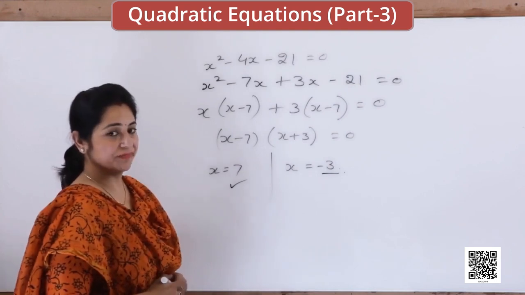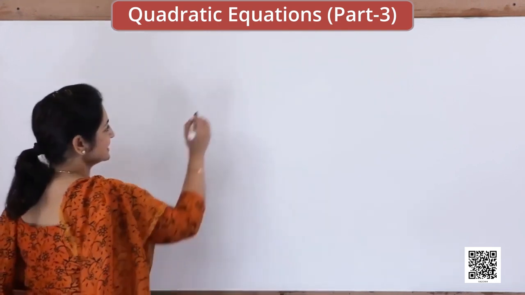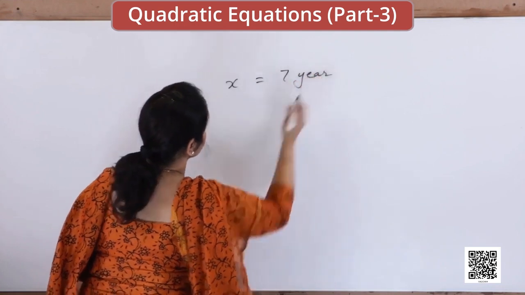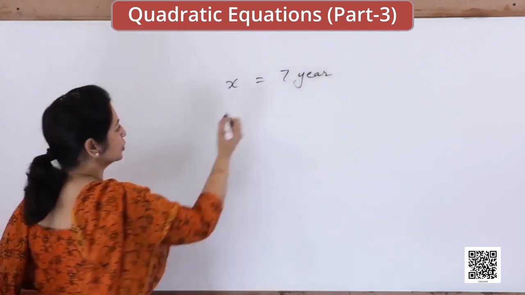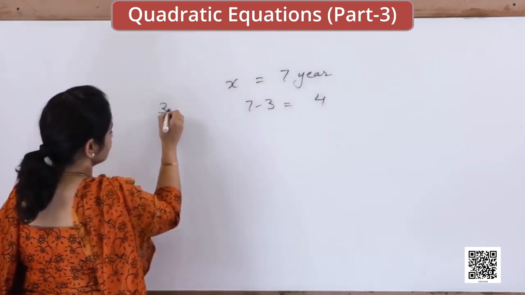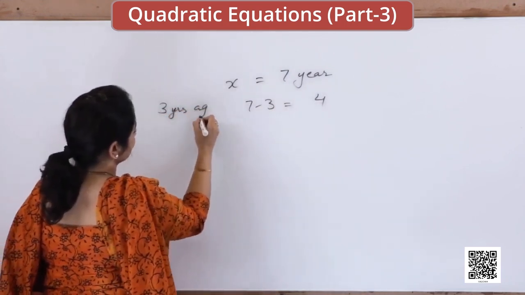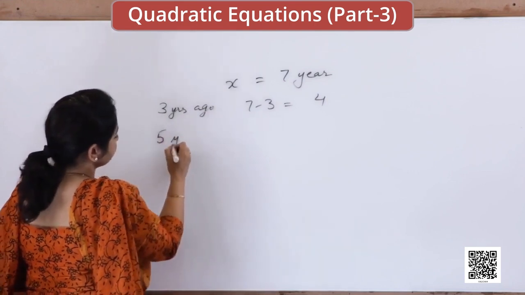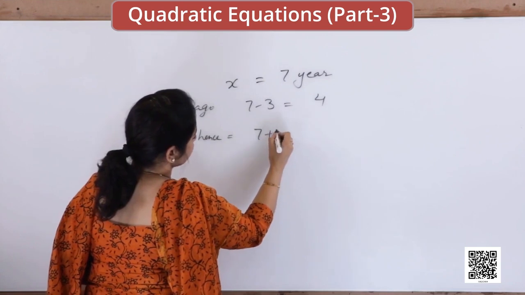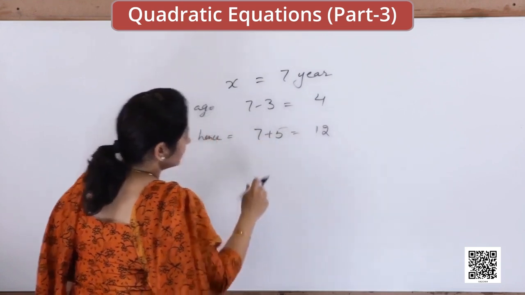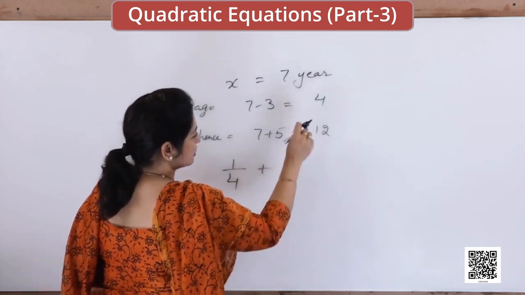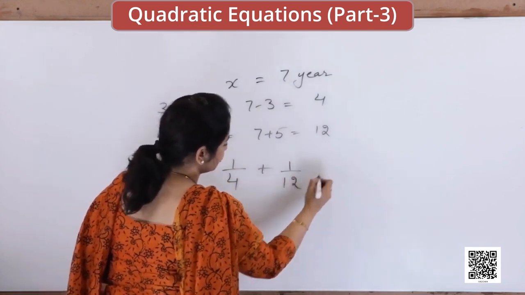Let's cross check it. So the present age is 7, x is equal to 7 years. So the age 3 years ago will be 7 minus 3, which is equal to 4. Now age 5 years hence will be 7 plus 5, that is 12. Now reciprocal of 4 will be 1 upon 4, and reciprocal of 12 will be 1 upon 12.